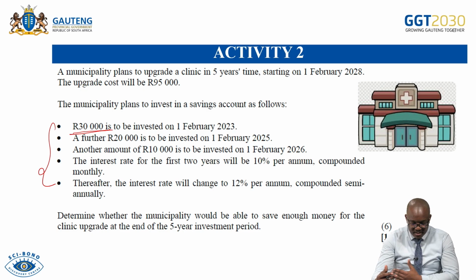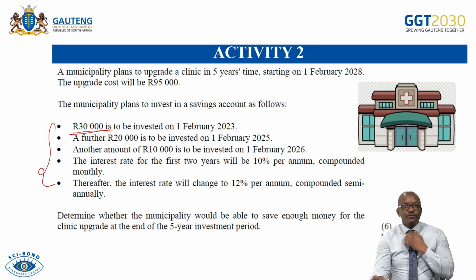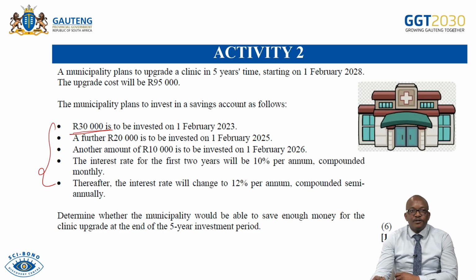As you read through those bullets, the money is invested at the beginning of the investment, and then some amounts of money are still deposited throughout the investment. So we will have to check how to deal with such a question. The question says: determine whether the municipality could save enough money for the clinic upgrade at the end of the 5-year investment period, for 6 marks.